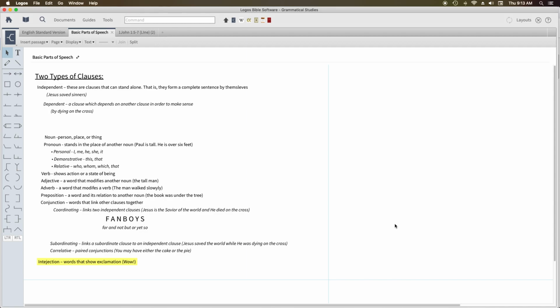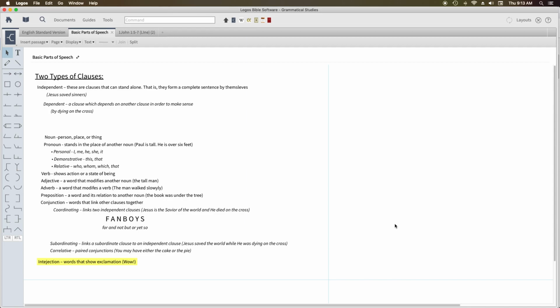An example in Scripture would be the word "behold." Usually "behold" is going to be an interjection in and of itself. And so they're just diagrammed on a single line above the rest of the sentence, or above the rest of the clause that's beginning it.